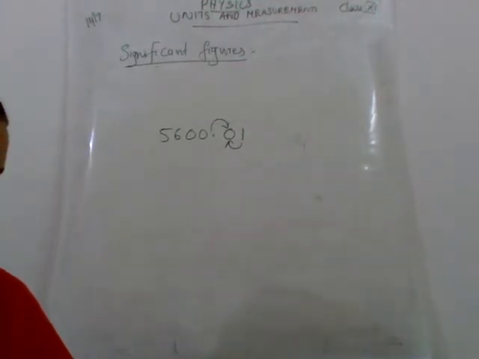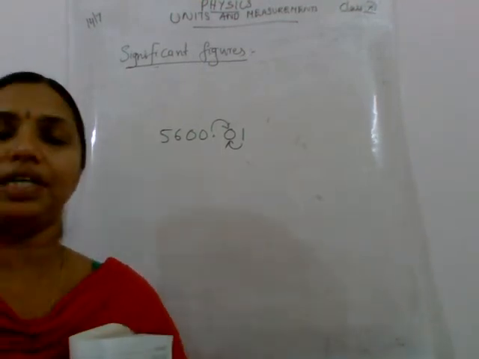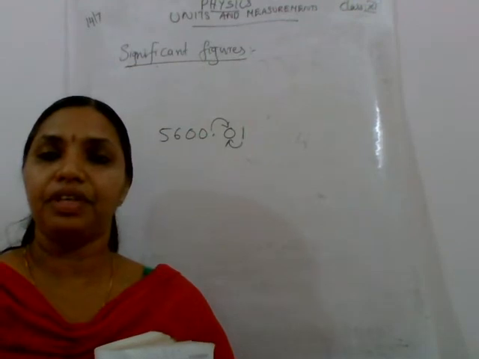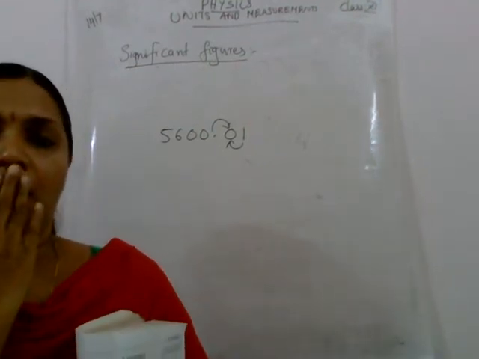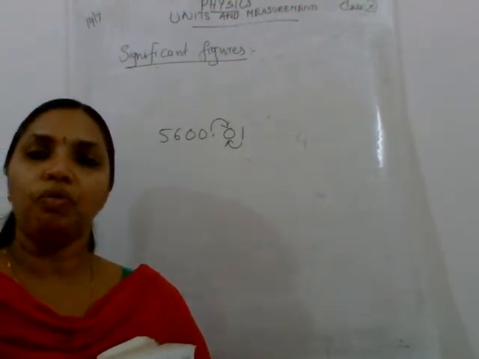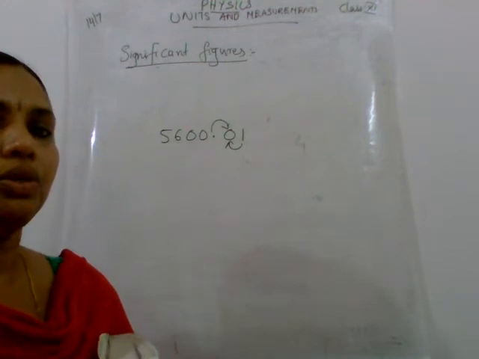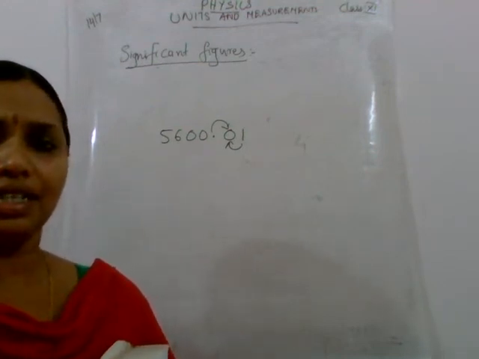Then the sixth one we discussed, and the seventh one we already discussed: the number of significant figures in all systems of units is the same. Suppose you are getting a quantity; only in two cases are zeros not considered significant.